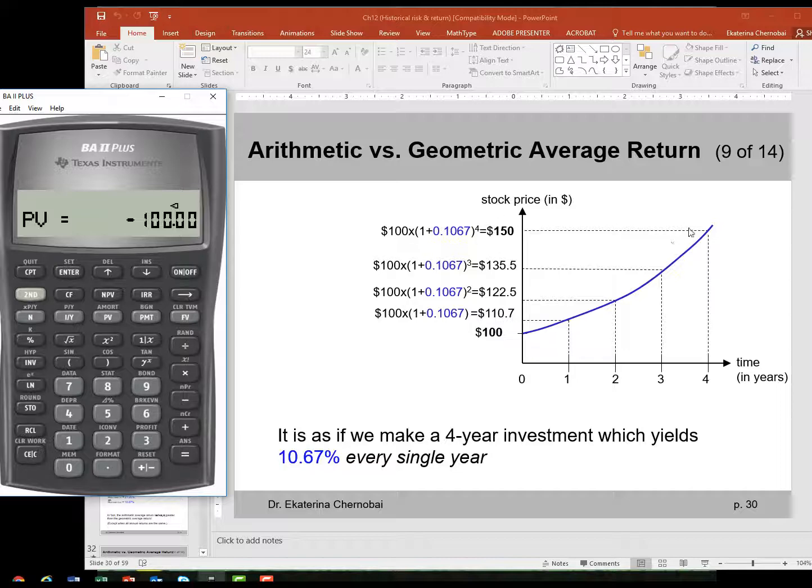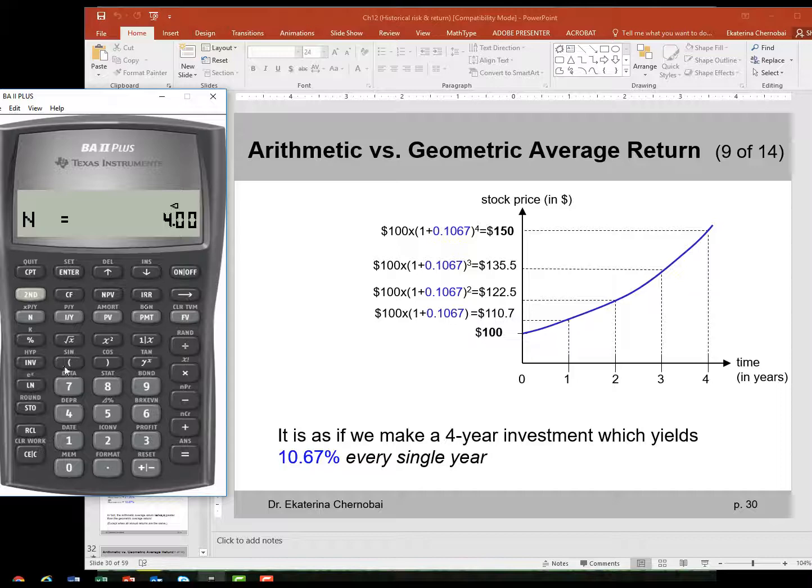150 is what I will have in the future. That's like my future value. I press 150 and then the future value button, FV. How many years apart are they? 4 years. That's my N, number of years. I press 4, N. And guess what I need to calculate in the calculator in order to find my geometric average annual return?